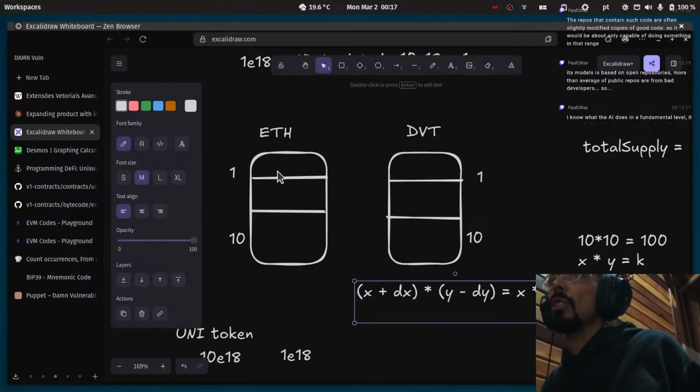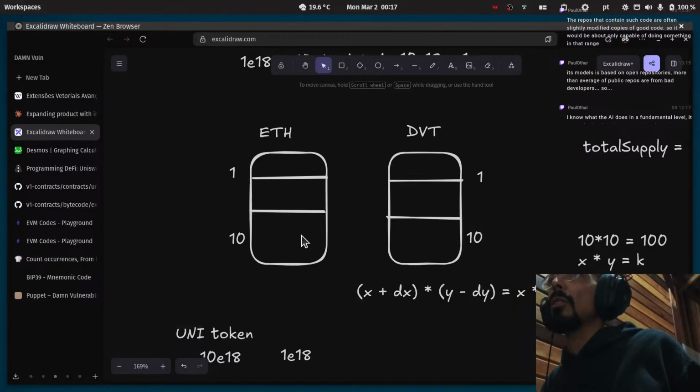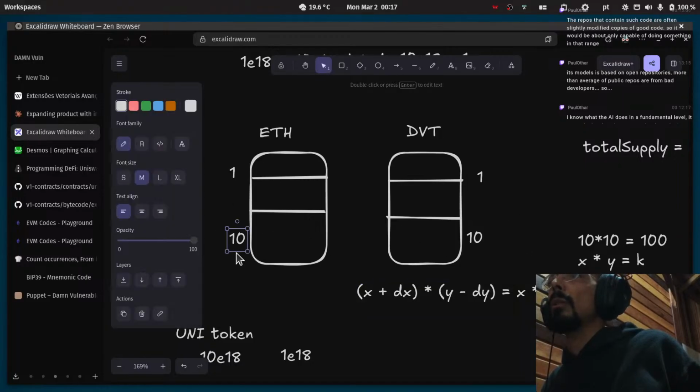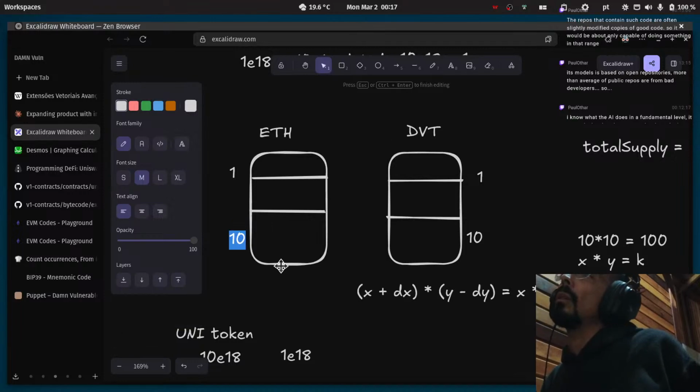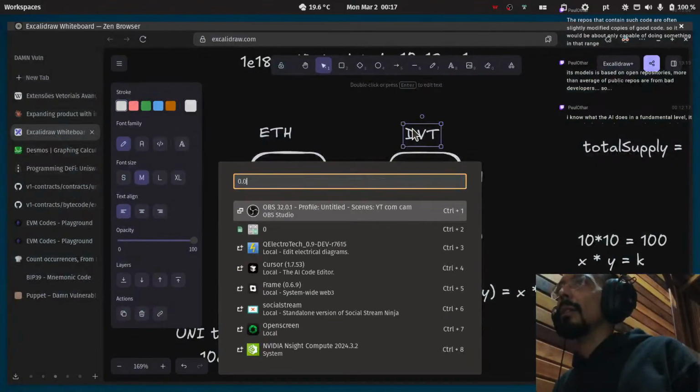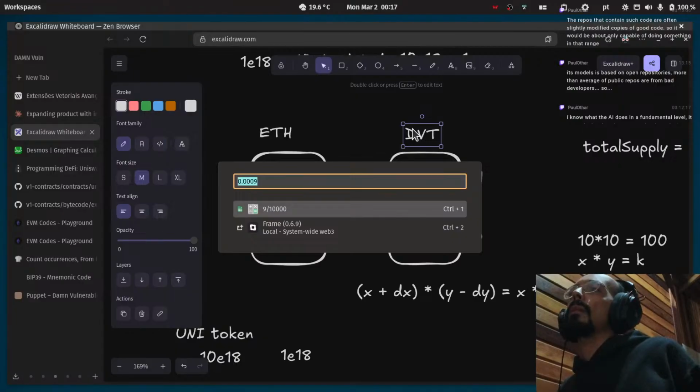In each exchange, they're gonna keep changing the prices. Because we took all the Ethereum, we need to put some tokens here and make the DVT token price drop to 0.0009. With that price, we can borrow all the DVT available.